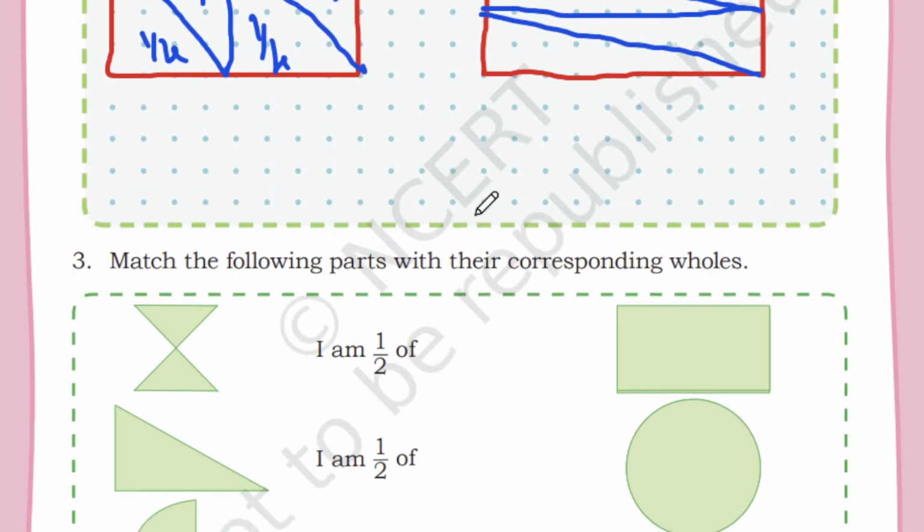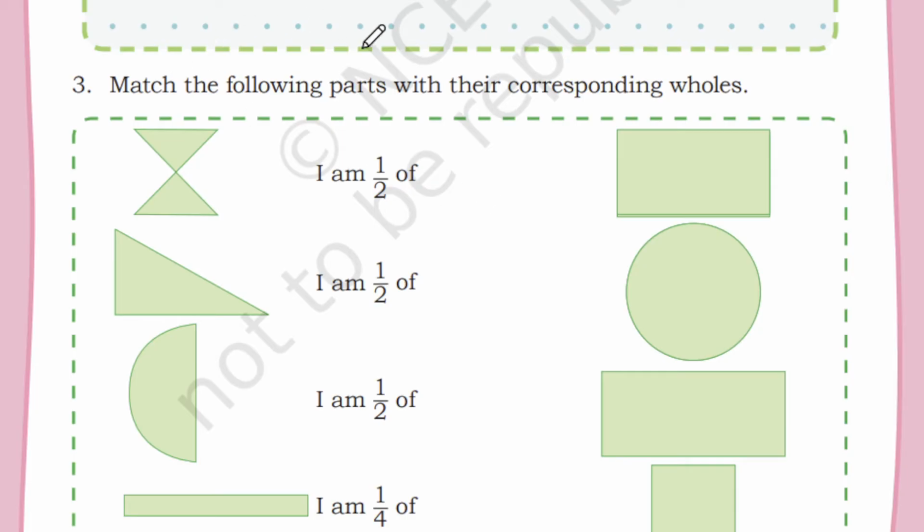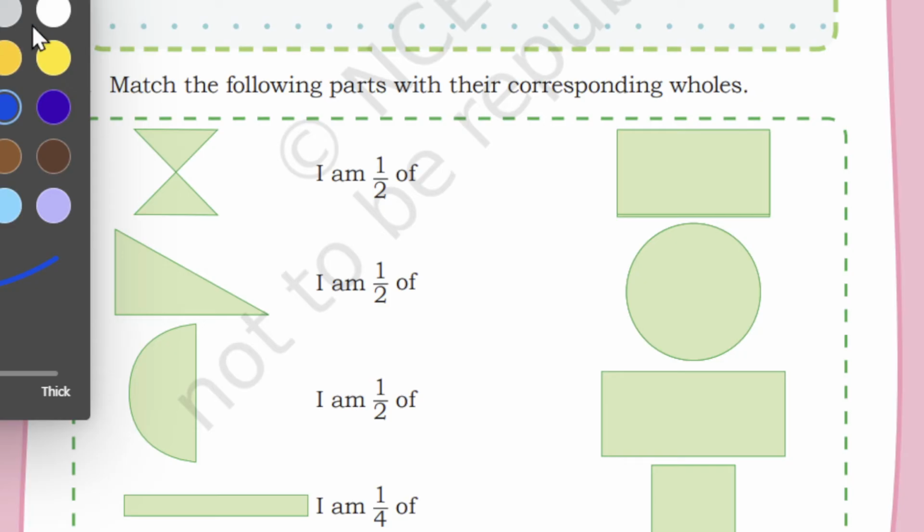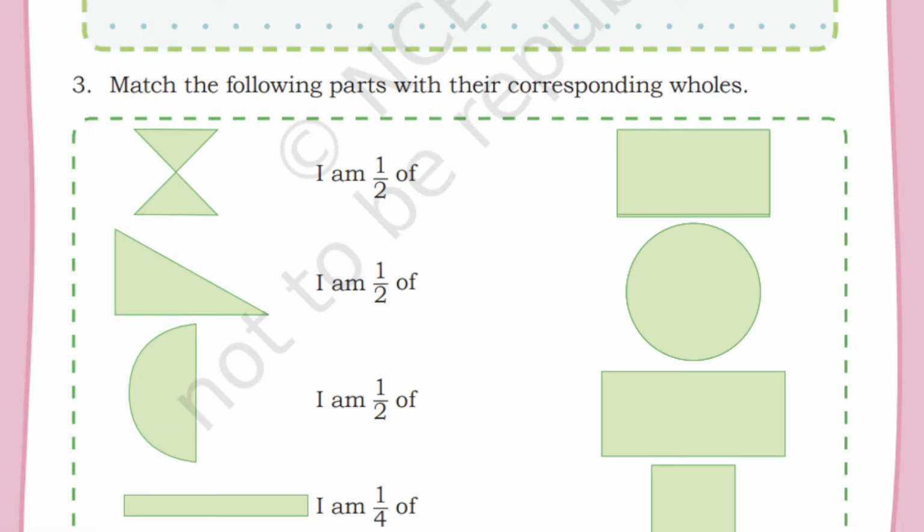Okay, next, match the following parts with their corresponding wholes. Now we have to match the part. First we will have, I am 1 by 2, half. I'm going to take a white marker so that I can divide this.